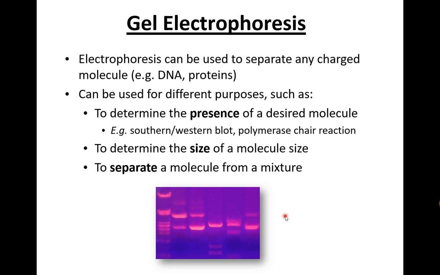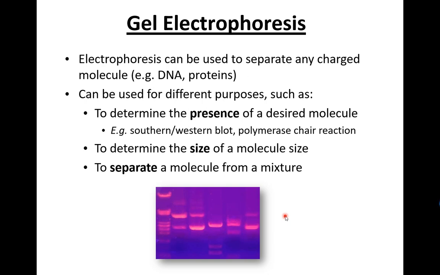So you would extract the protein from the liver, you will run it on a gel, and then in that case you could use a specific antibody to visualize that specific protein to see if it's expressed or not. That would be called a Western blot. You could do a similar thing with DNA, which we refer to as a Southern blot.